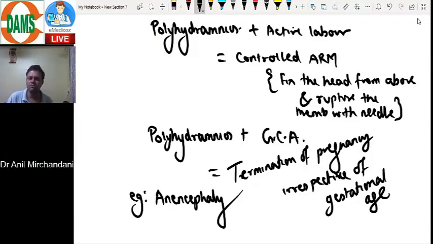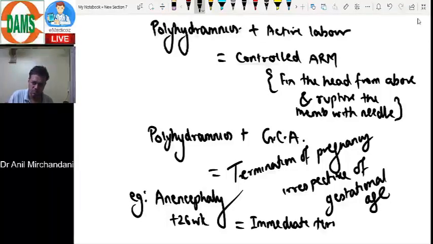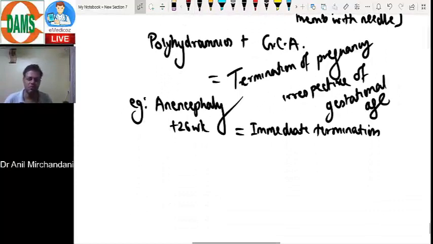No survival at all. Let's say example, anencephaly plus 26 weeks. What should I do? Wait and watch? No, I will do immediate termination. So somehow I will induce labor and then the baby will deliver out. This baby is incompatible with life. That's why I am doing termination of pregnancy immediately. I am not waiting.